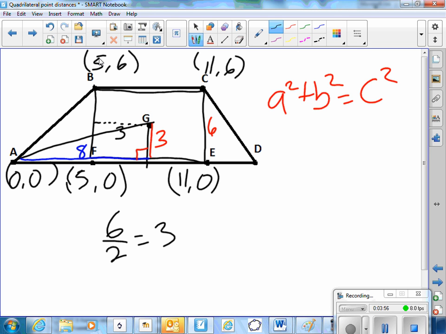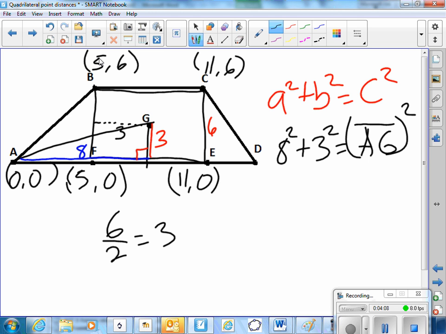In this case, let's use 8 squared plus 3 squared equals the distance from A to G squared. 8 squared is 64, 3 squared is 9, 64 plus 9 is 73.